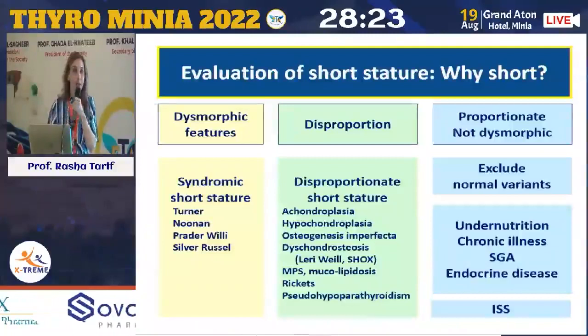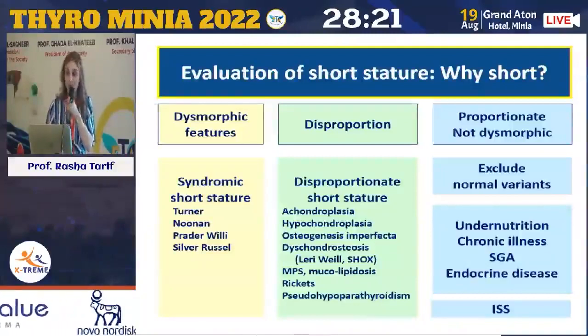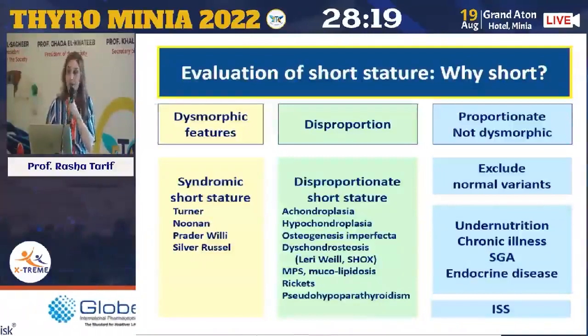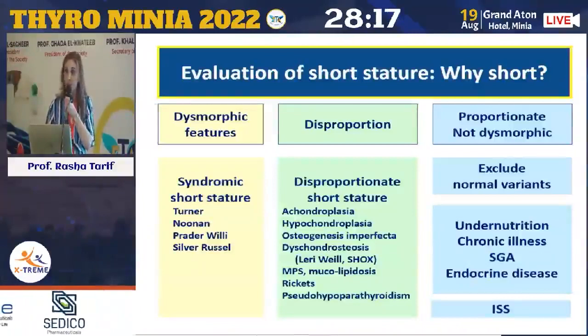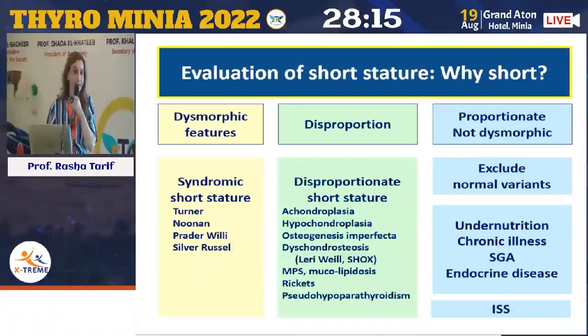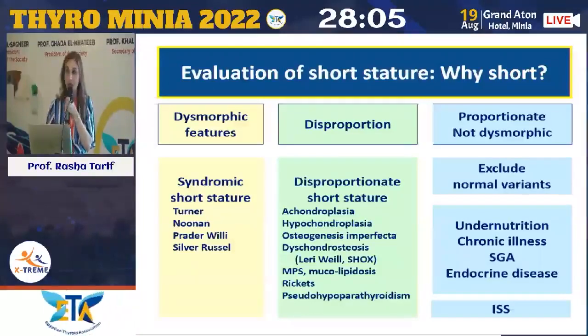When evaluating a child with short stature, we have 3 main categories: either dysmorphic child, and this is the category of syndromic short stature, the disproportionate short stature with achondroplasia and hypochondroplasia being on top of the list.